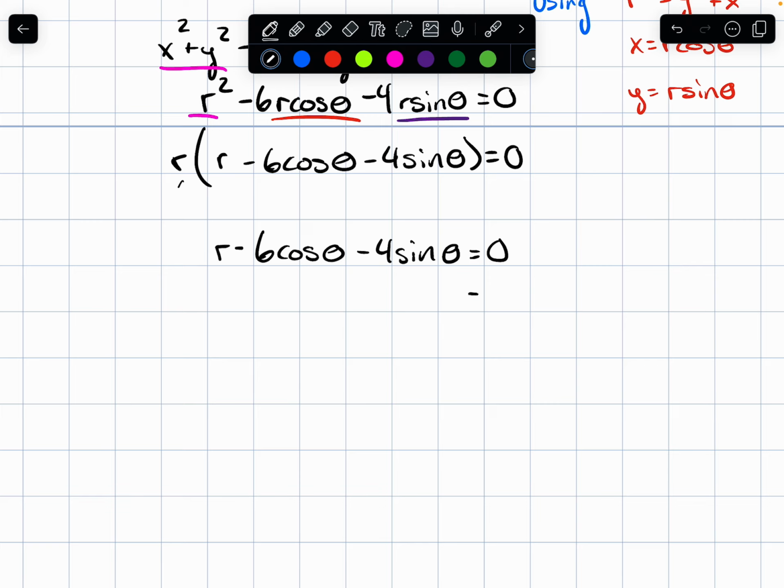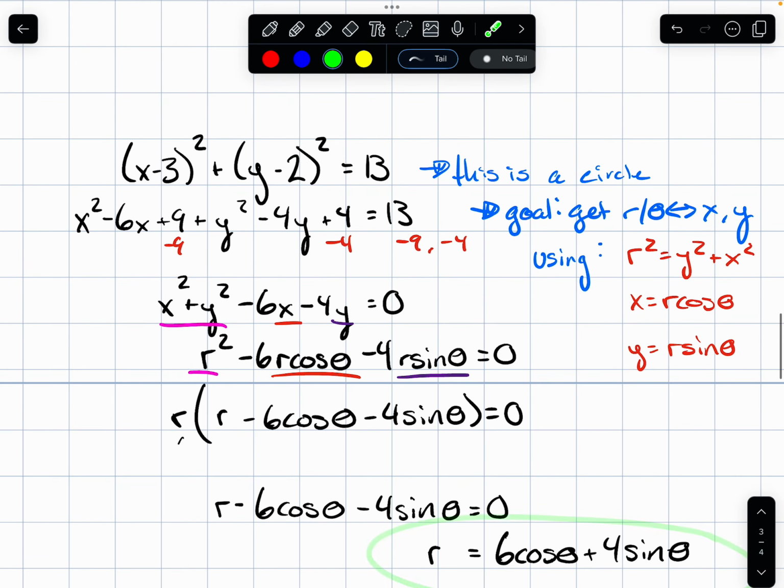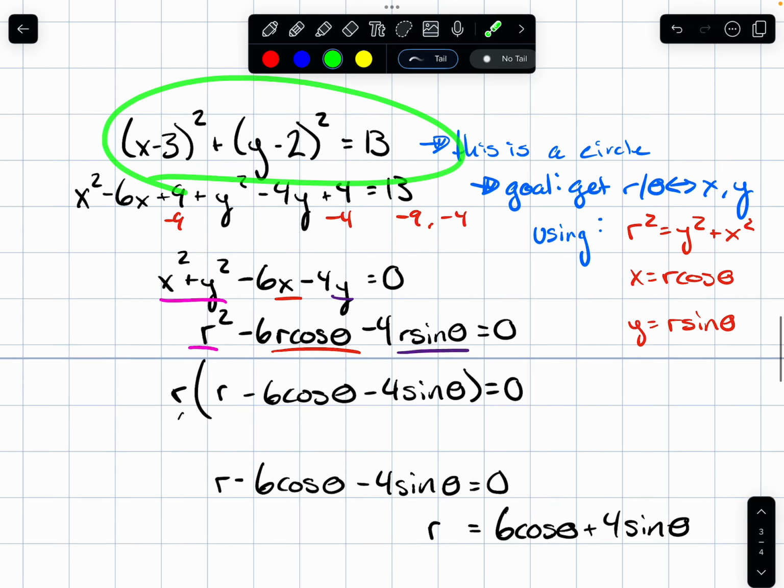We fulfill our idea of getting r by itself, because that's the form polar coordinates take. So r is equal to 6 cosine of theta plus 4 sine of theta. This is a much simpler way to write this equation.